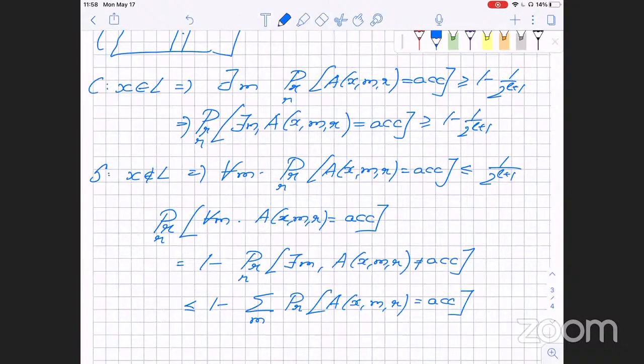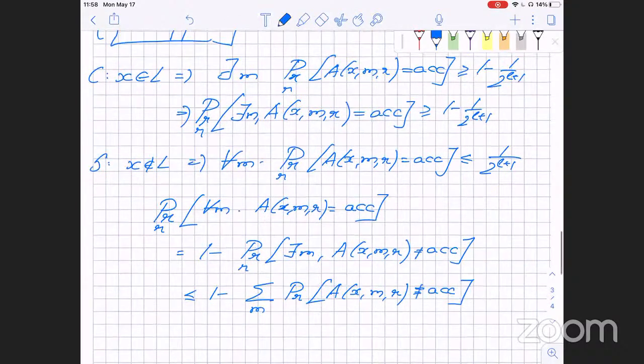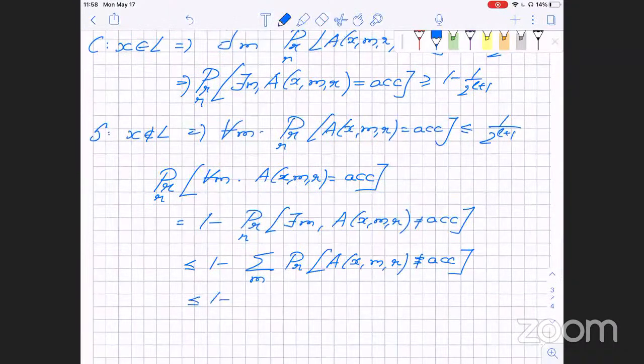But this we already knew. This is exactly 1 minus the summation over M of 1 over 2 to the L plus 1. Therefore, this is less than or equal to 1 minus 2 to the L times that. Am I messing up something over here? This is equal to half. So you get this gap.